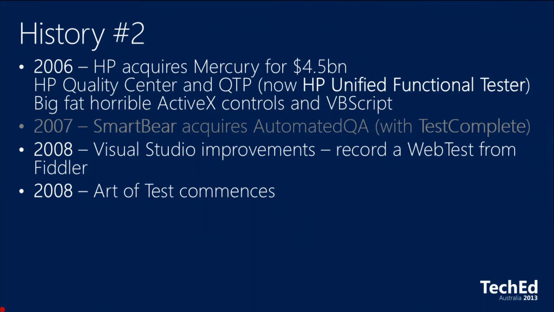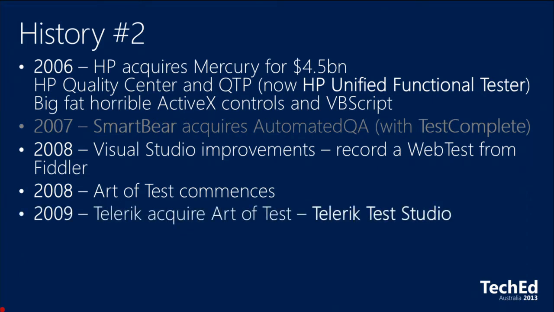We didn't have jQuery, and there were lots of bugs in the UI in JavaScript, essentially. Since the web tests from Microsoft only recorded the HTTP traffic, you couldn't find JavaScript problems, and that was a pain. So I found this little tool, and then this little tool was acquired by Telerik, and that is what some of you use today.